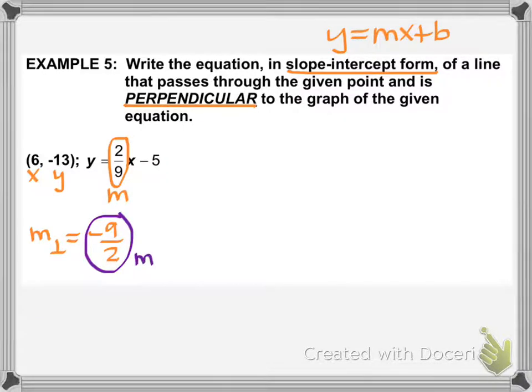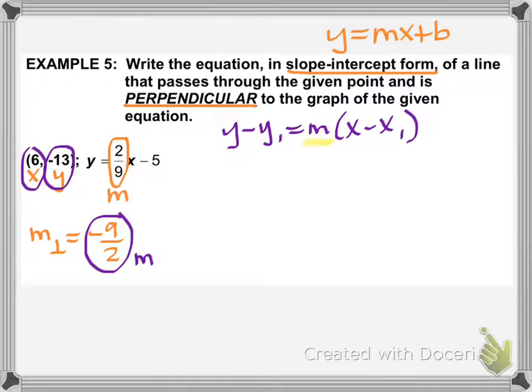So this is the slope we're going to use, and then this is the x and y that we're going to use. So because we have slope and a point, we're going to start with our point-slope form, which is y minus y1 equals m times x minus x1. Remember, we're going to replace the slope and the x1 and y1 with our point. So let's go ahead and do that.